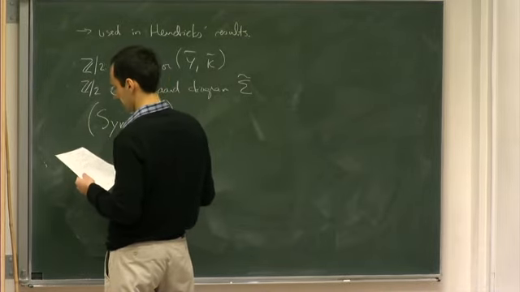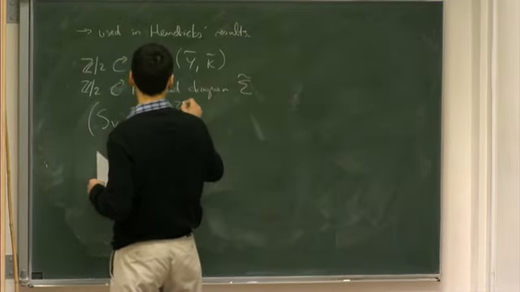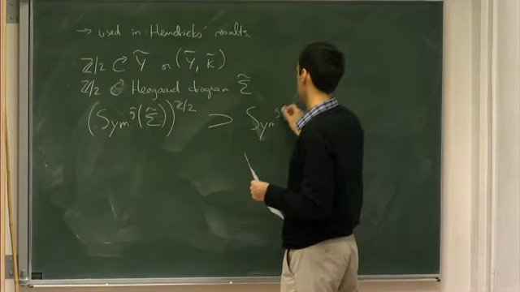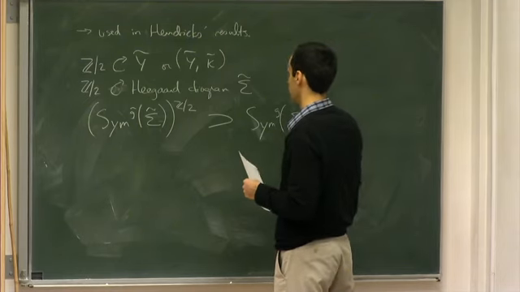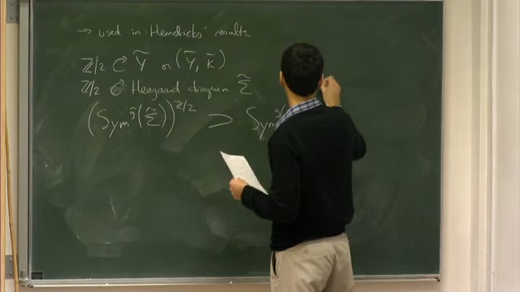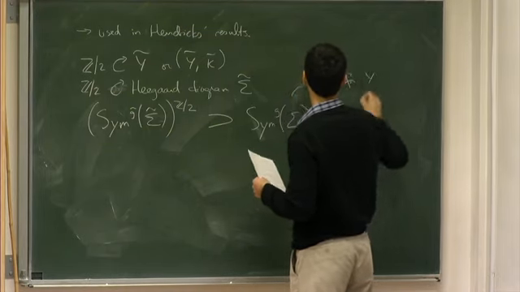And if you look at the Z mod 2 fixed point set, this contains Sym^g of sigma of the base, right? So this is used for y or yk.